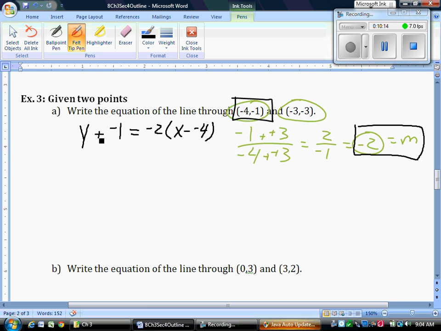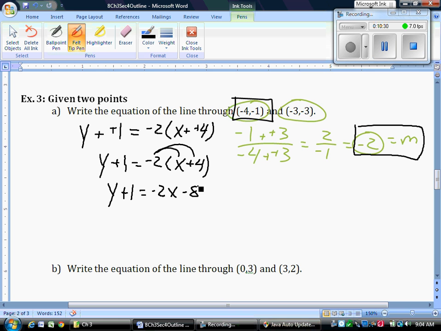All right. We can again go ahead and make all those plus. So we actually have y plus 1 equals -2 times x plus 4. Distribute the -2. Y plus 1 equals -2x minus 8. Subtract 1. So y equals -2x minus 9.